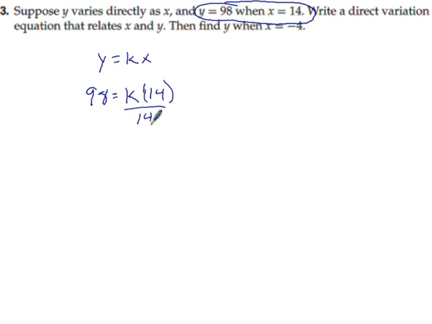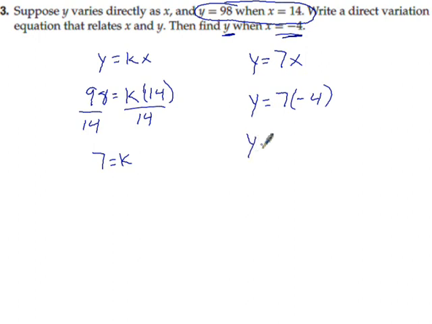K times 14, I have to do the opposite and divide. 98 divided by 14 is 7, so k is 7. So my new equation is y equals 7x. Then find y when x equals negative 4. So y is equal to 7 times negative 4, which is negative 28.